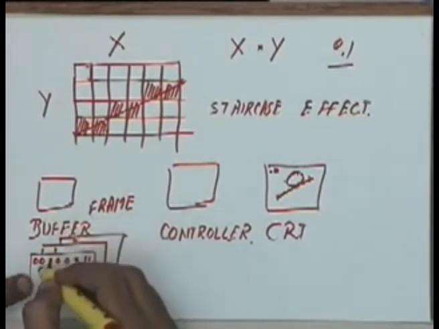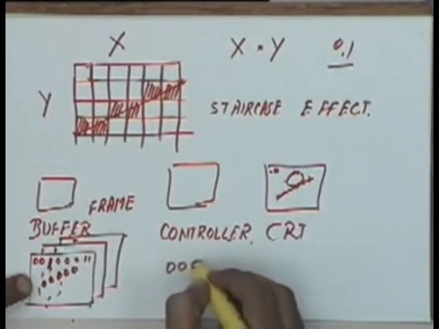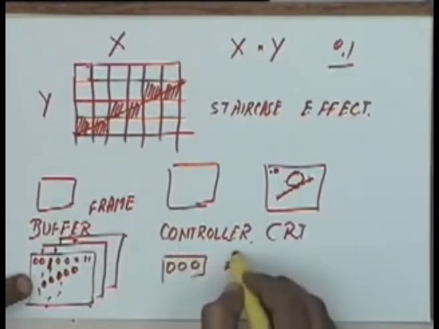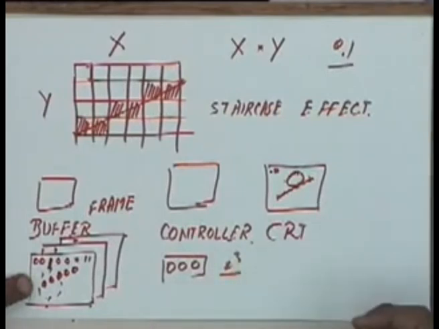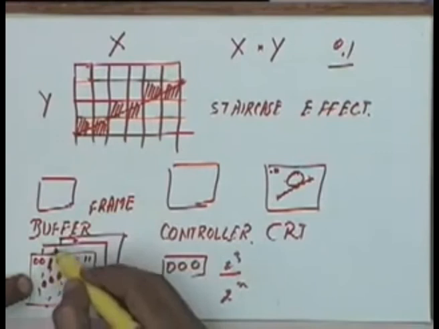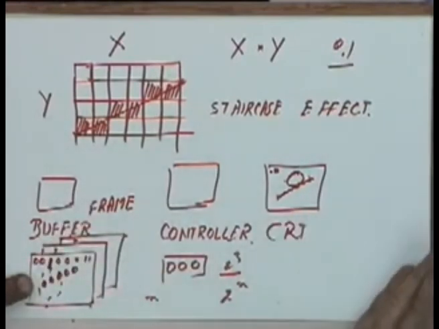This is the first bit, this is the second bit, this is the third bit. So if you have these 3 bits, then I can have a maximum of 2 to the power 3, that is 8 possible colors. If I have n bits, I can have 2 to the power n colors. Essentially this combination of bits will correspond to a particular color, or a particular intensity.